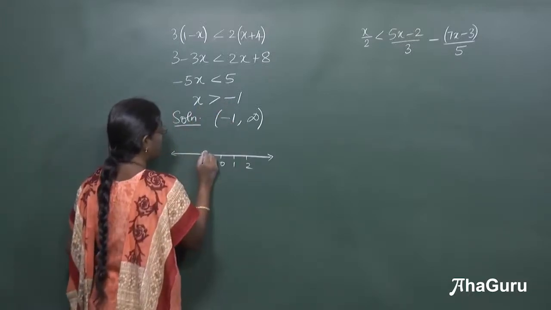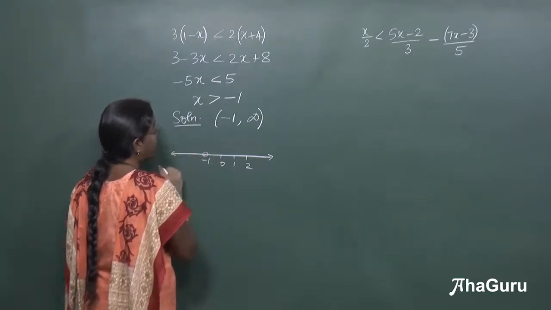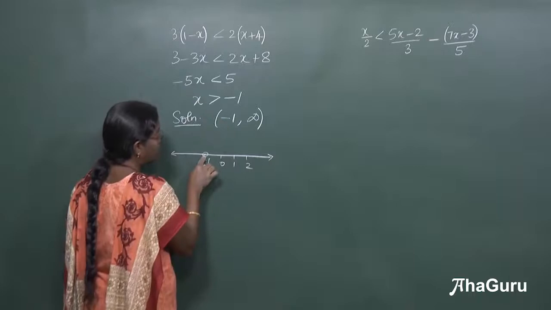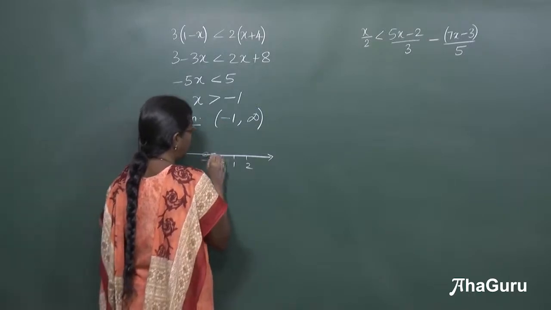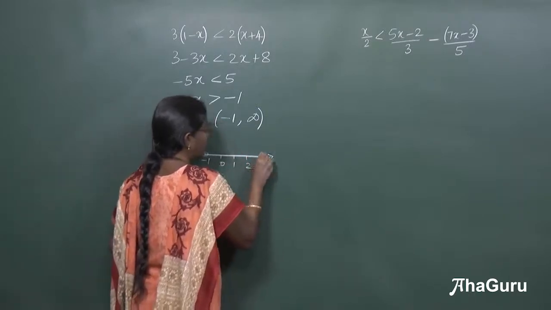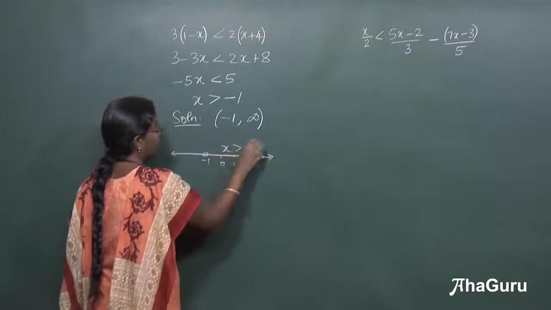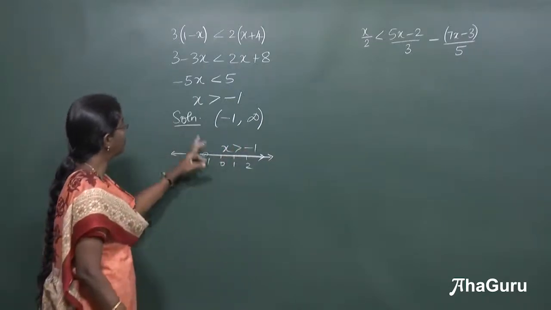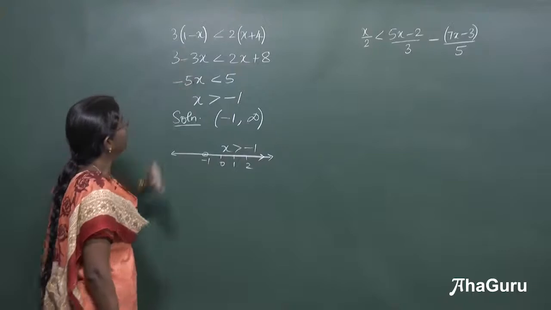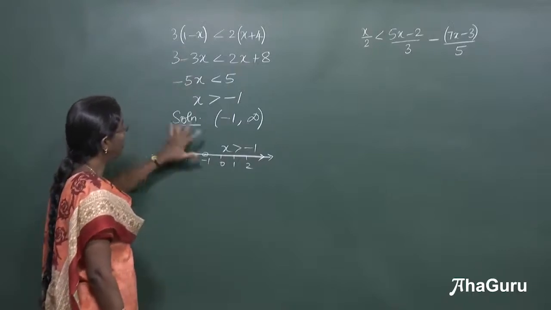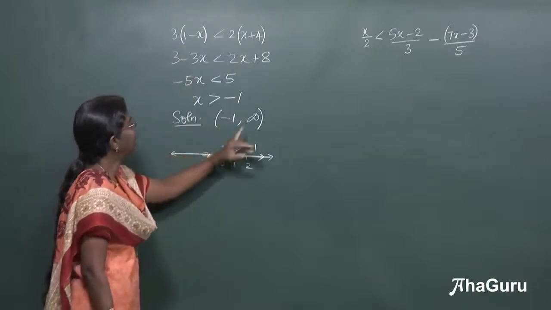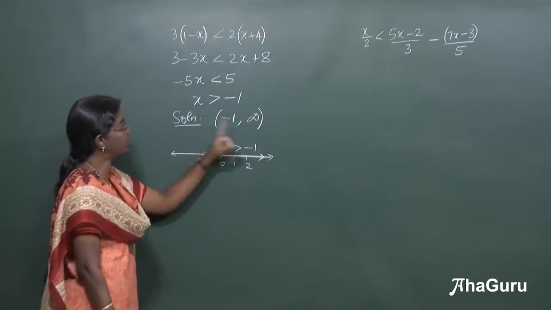Just draw a small circle encircling the point minus 1. It is a strict inequality, so do not shade the circle. All values which are greater than minus 1. So, that will be the solution on the number line for this given inequality, or in the form of an interval it will be the open interval minus 1 to infinity.